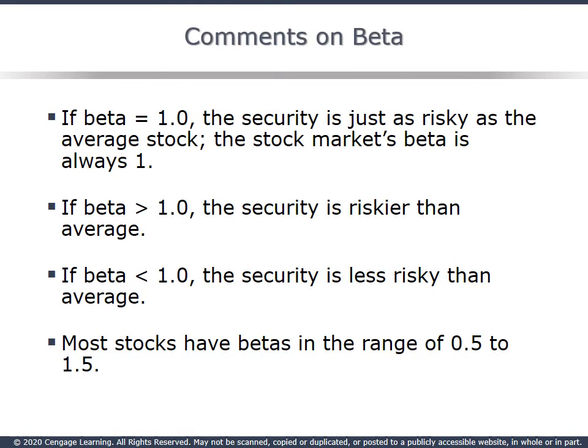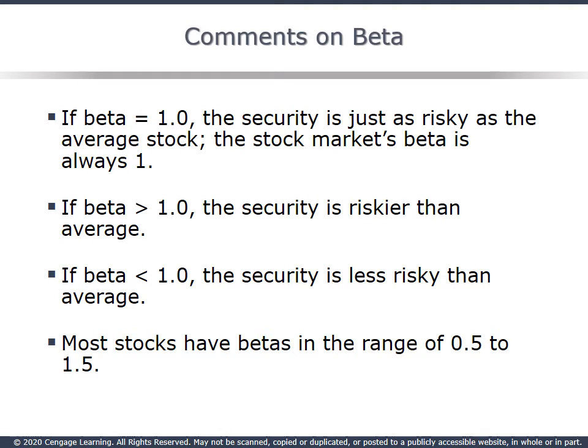Some comments on beta. If a stock's beta is 1, that security is just as risky as the average stock. That's because the stock market's beta is always 1, regardless of whether we have a bull market or a bear market. Stocks are measured in comparison to the overall market.